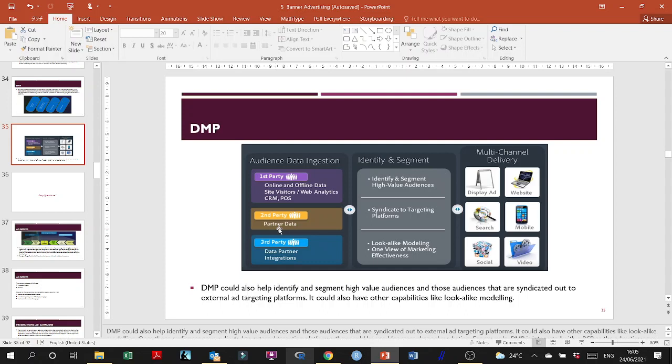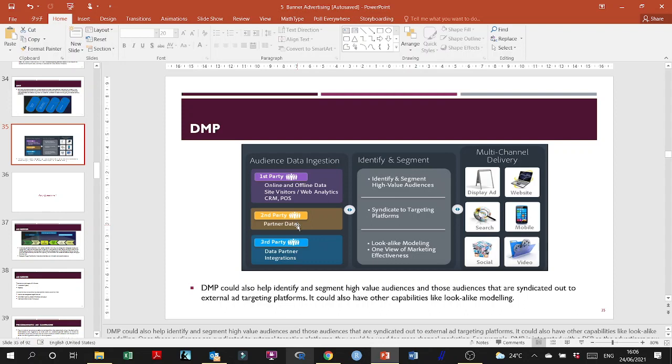Second party data is partner data. For example, if you are a very big corporation and you outsource your analytics to a certain consultancy company, and this consultancy company knows more about the industry because they focus on your industry, so they know, for example, certain threshold levels, benchmarking figures and so on.